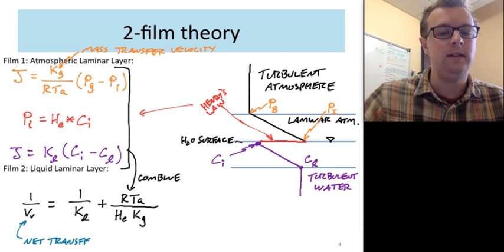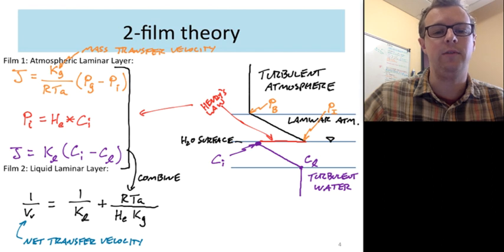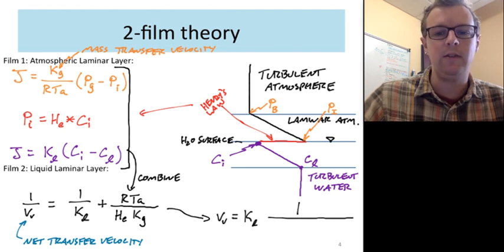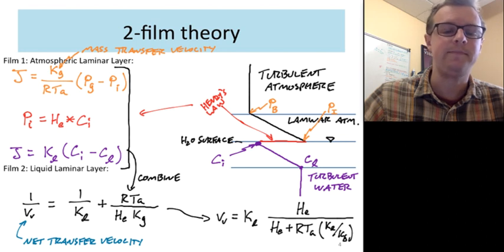So the net transfer velocity, or v sub v in this case, is equal to the sum of basically the inverse of those previous two terms. Right? So 1 over the mass transfer velocity for the liquid, K_L, plus gas constant times temperature over Henry's constant times the mass transfer velocity for the gas. And you can rearrange those to solve straight away for that net transfer velocity.